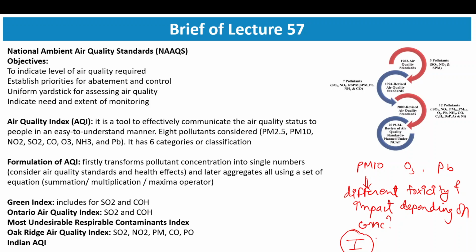Now, this is per unit pollutant, or it is a normalized parameter which does not include the concentration, right?